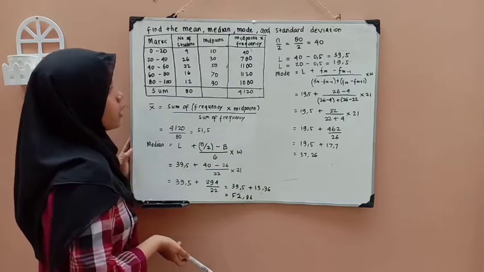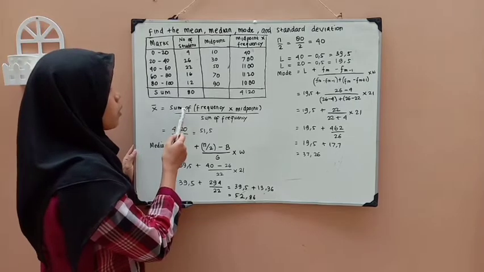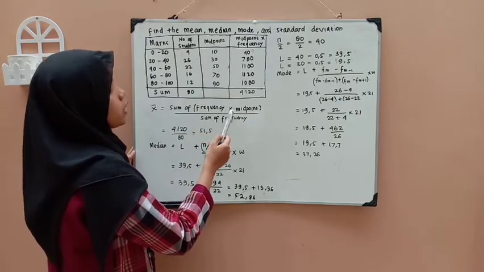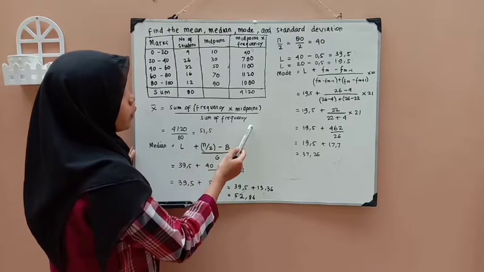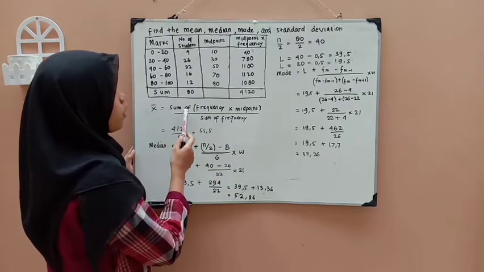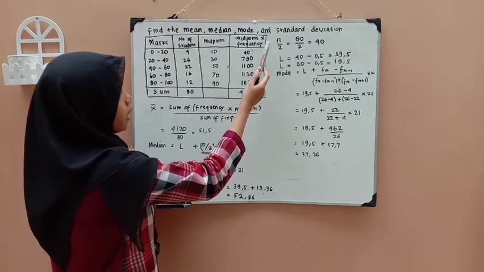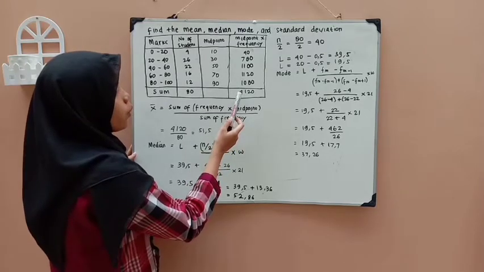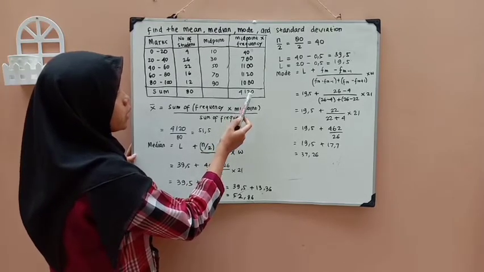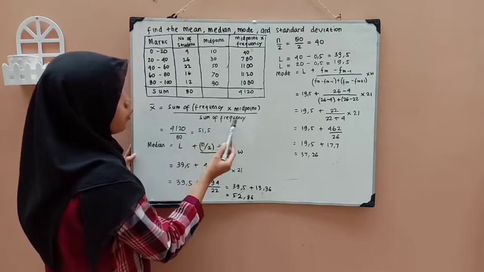4120. The mean formula is x bar equals the sum of frequency times midpoint, over the sum of frequency. The sum of midpoint x times frequency equals 4120, over the sum of frequency.